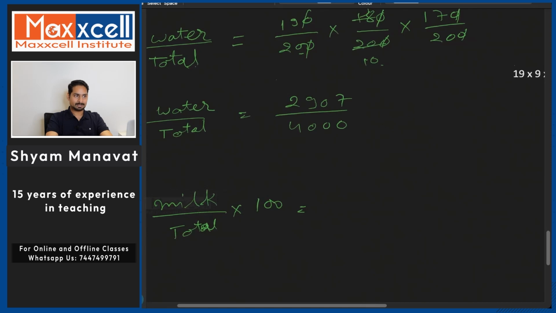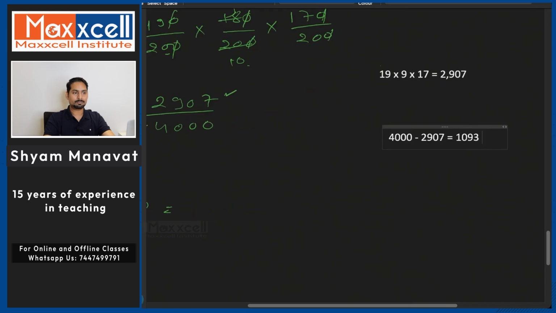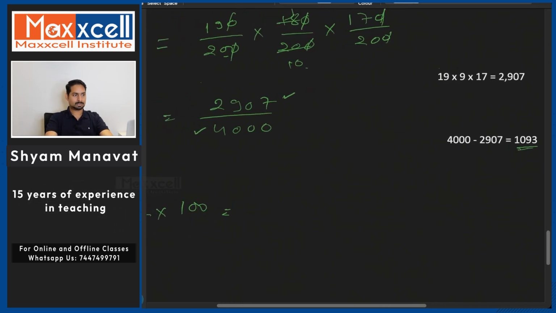Now if the total is 4000 and water is 2907, the milk should be 4000 minus 2907. If you remove water from this 4000, what you get here? Milk. So milk is how much? 1093 by total 4000. If you simplify by multiplying 100, then you get the answer.